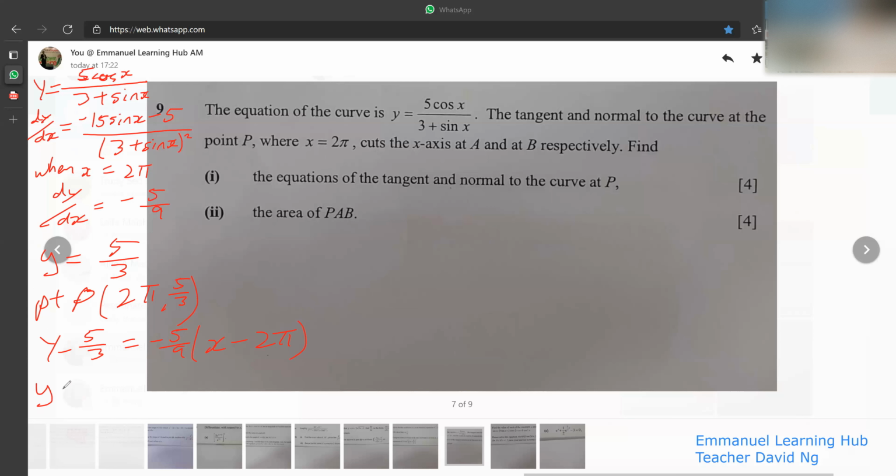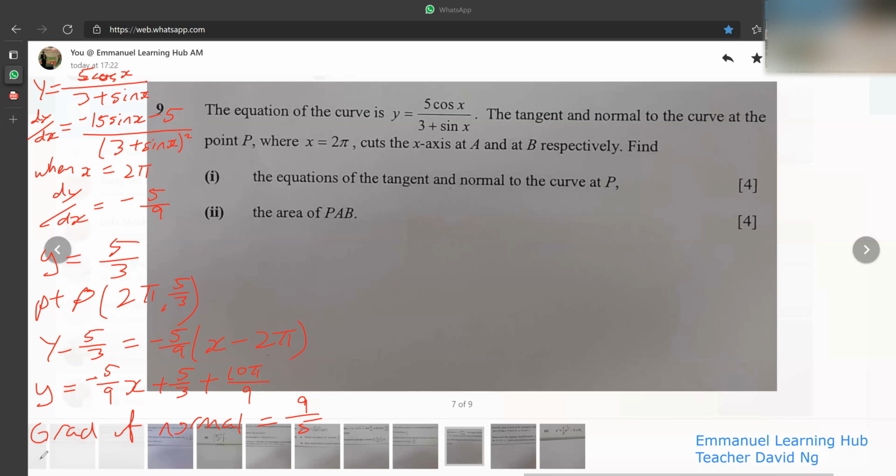You have y equal to minus 5 over 9 x plus 5 over 3 plus 10 pi over 9. Okay, you got this all? Equation of the tangent. Then the gradient of the normal will be 9 over 5.